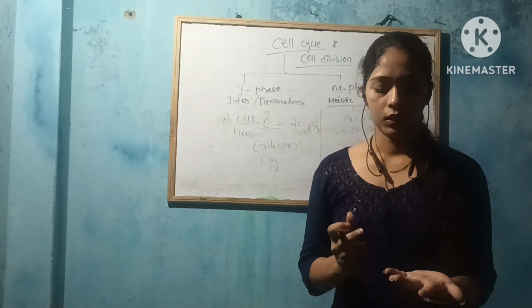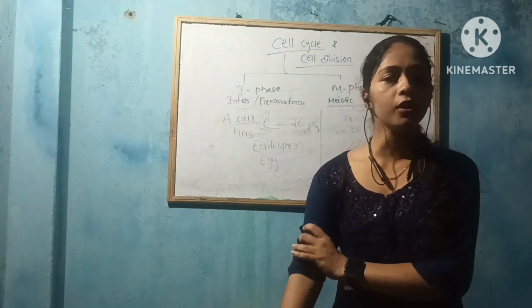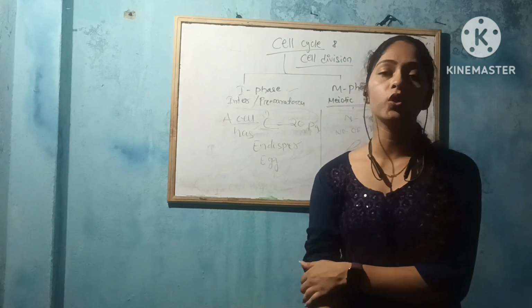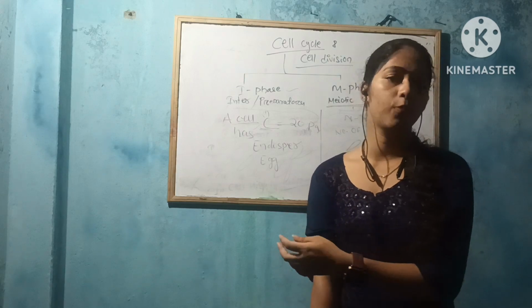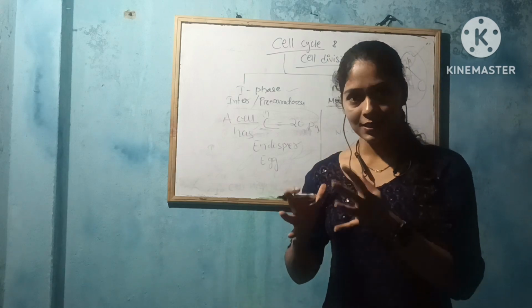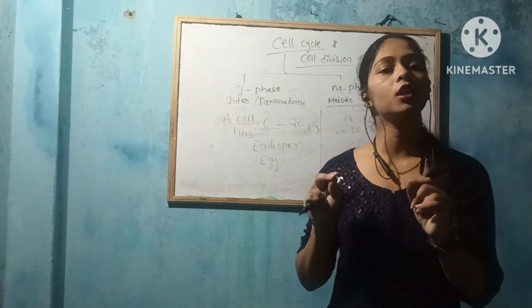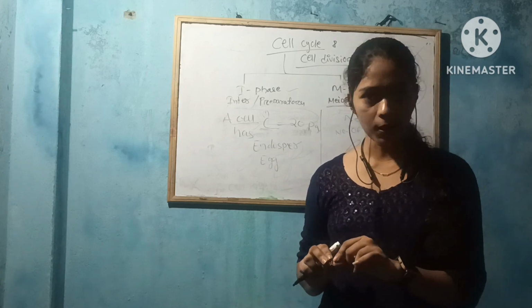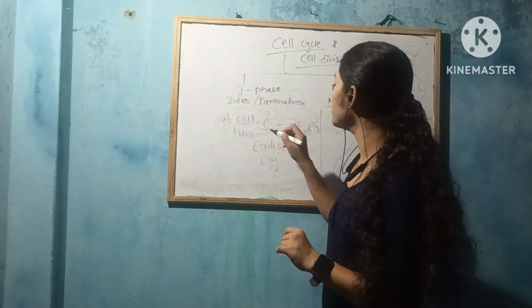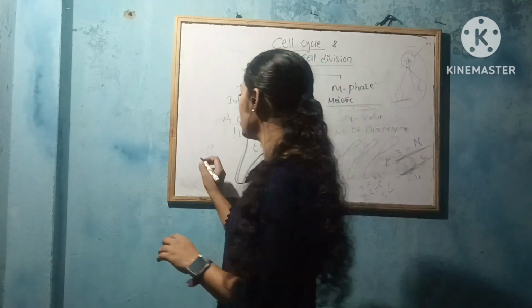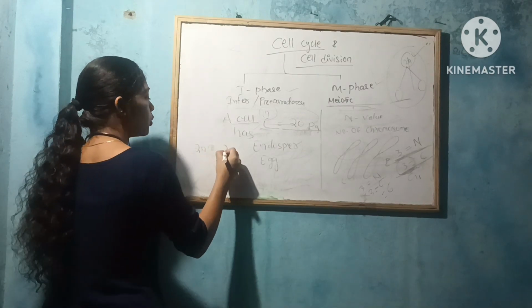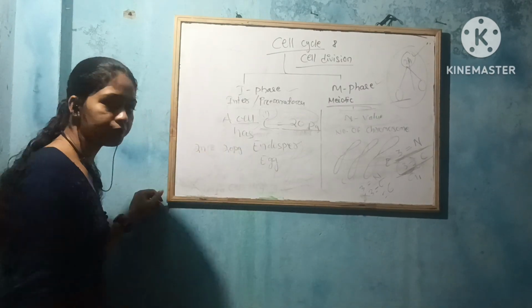We all know that the chromosomes contain the DNA. So the total content of DNA in the cell is 2n, also known as diploid, and it is given as 20 picogram. So 2n equals 20 picogram.